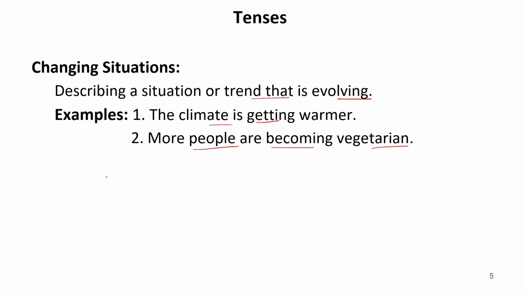So these are evolutions, changing situations, changing trends, changing fashions. Nowadays people are getting aware of the harmful effects of pollution. So these are changing things that are growing in society day by day. For example, global warming is increasing day by day. So these types of sentences should always be written in present continuous tense.